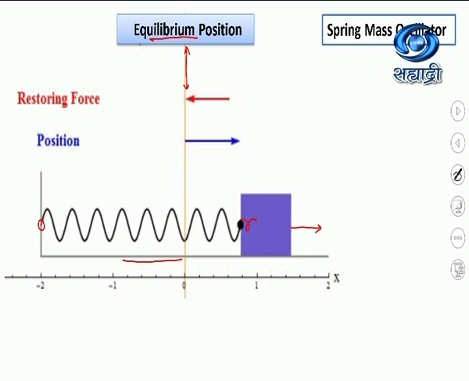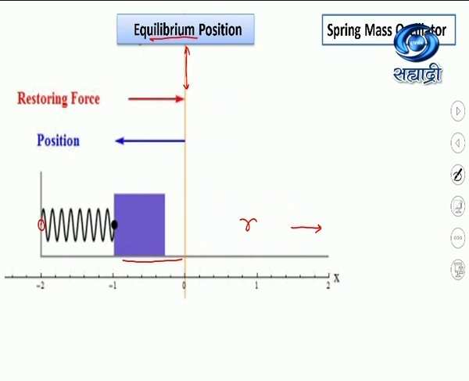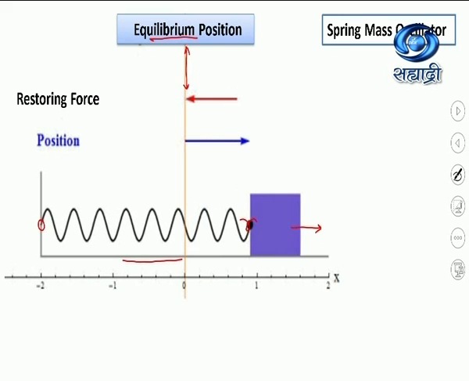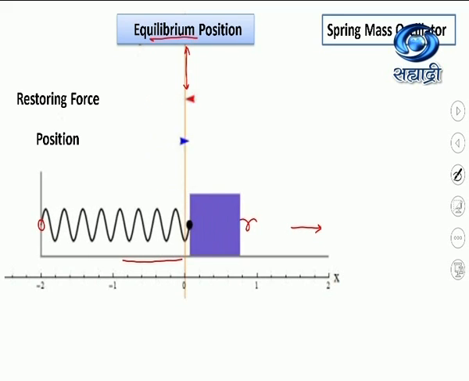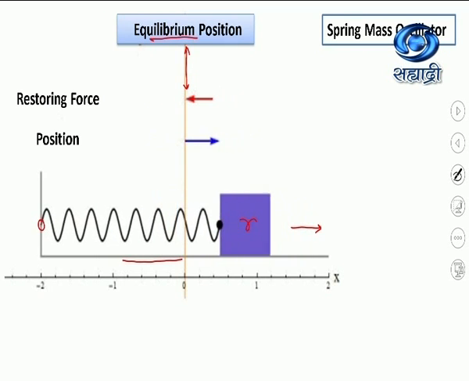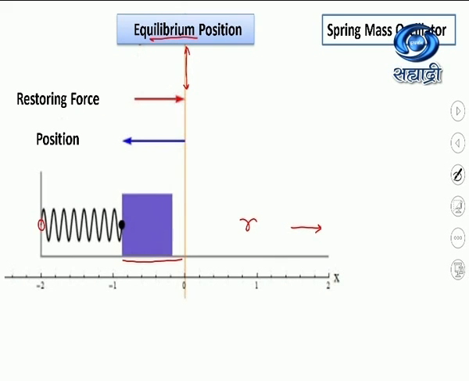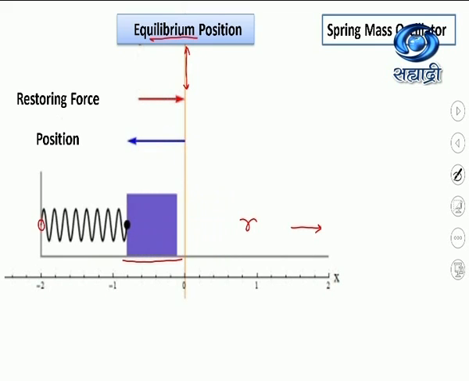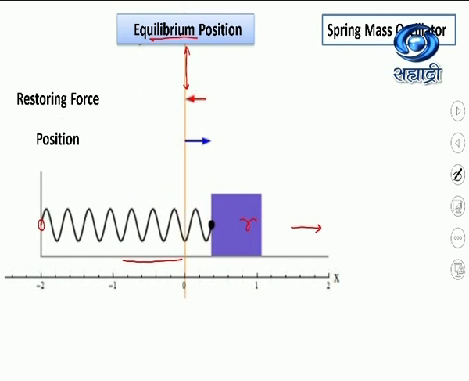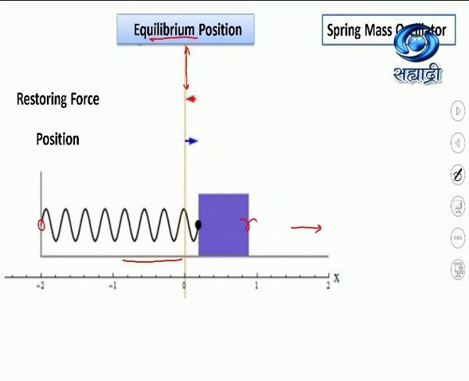So here, when the block is stretched to the right and released, then at the same moment the force called restoring force comes into play, and that restoring force tries to bring the block towards its equilibrium position.